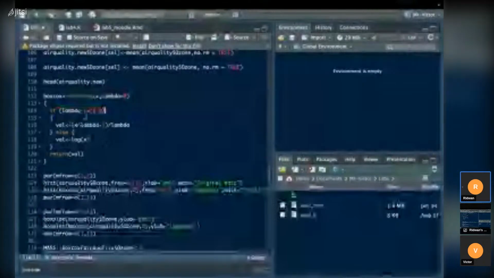See what I was saying? When lambda is not equal to 0, this is the formula. When lambda is equal to 0, this is the formula. This is also what we are trying to put inside that particular R code. So if lambda is not equal to 0, this is the formula I use. X raised to the power of lambda. Here they used y, but it's still x, minus 1, divided by lambda. Can you see it?